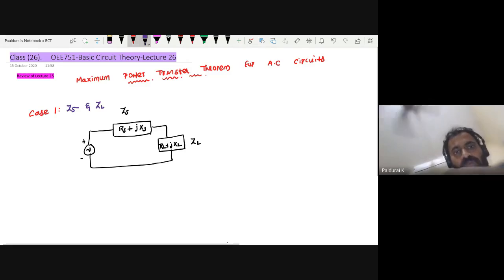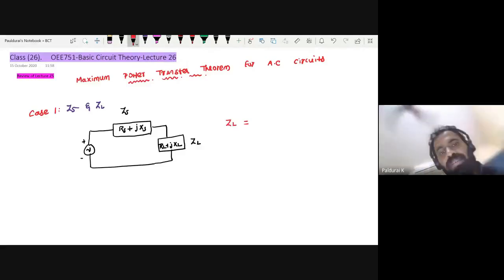Now, what is the condition for the maximum power transfer theorem? If both are impedances, what is the condition for the load impedance to get maximum power? ZL is the conjugate of ZS. And what is the power?